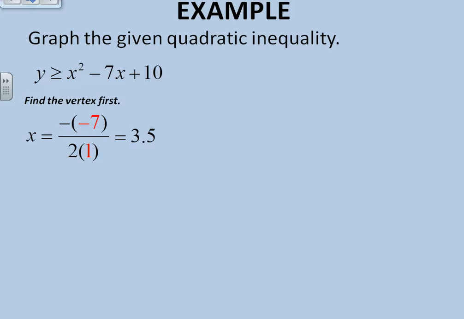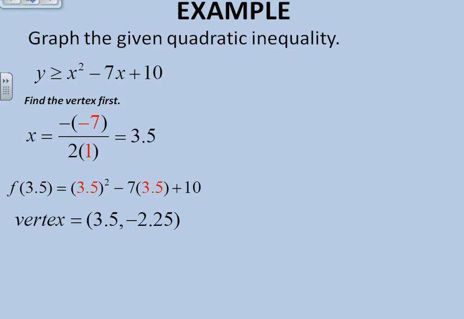Continuing, we'll take that 3.5 now and plug it into the function to find the y coordinate. That would be 3.5 squared, which I believe is 12.25, minus 7 times 3.5, plus 10. If I'm not mistaken, 7 times 3.5 is 24.5, so that's 12.25 minus 24.5 plus 10, and that comes out to be negative 2.25.